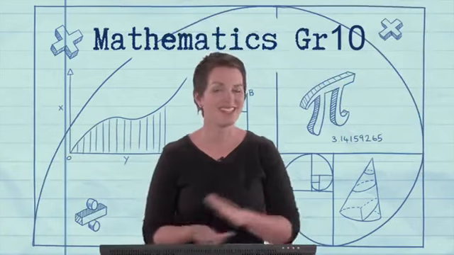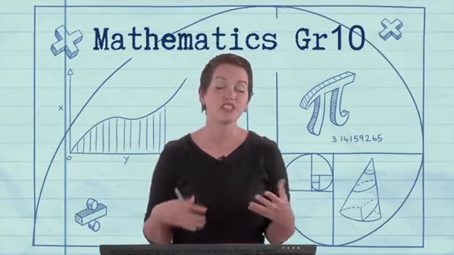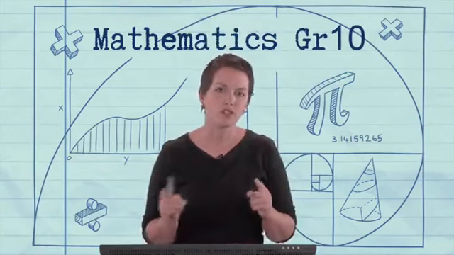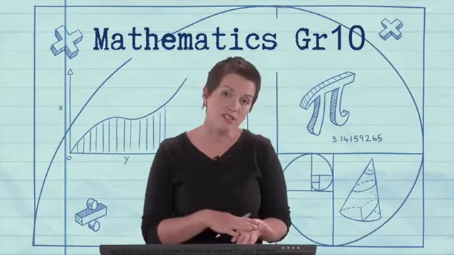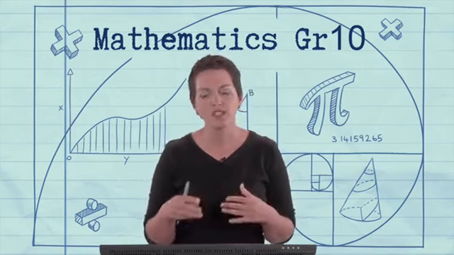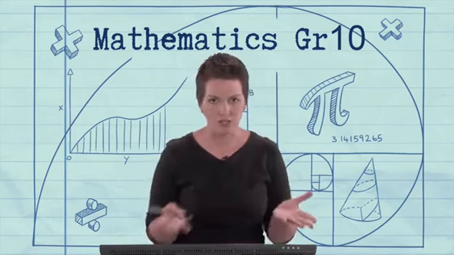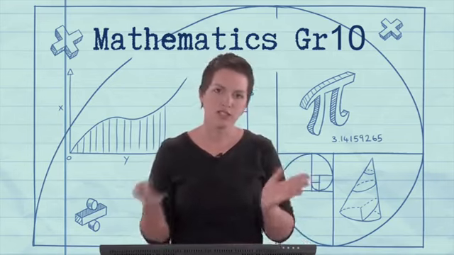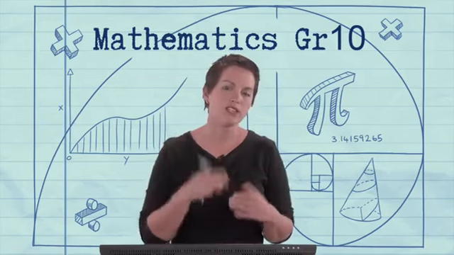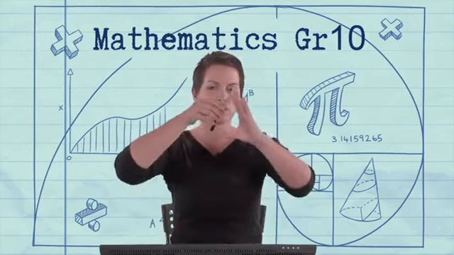Hello again, grade 10s, welcome back. We're going to now go through how to prove the midpoint theorem. So you'll remember at the beginning of the last section, before we had the break, I said that a theorem is a truth, a generally accepted truth. And the midpoint theorem talks about the midpoint of something. Now in this case, it's talking about the midpoint of a triangle.